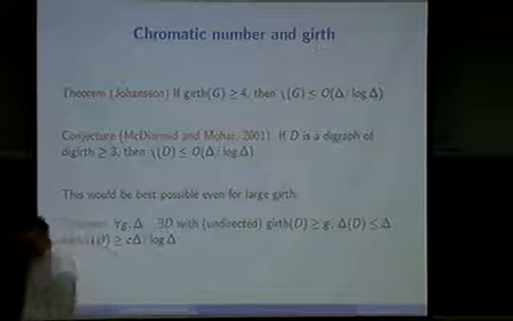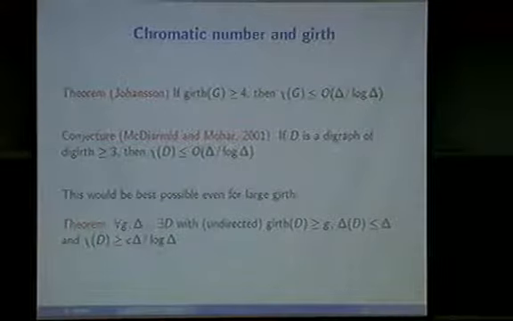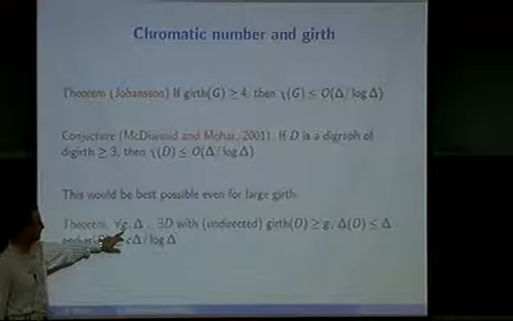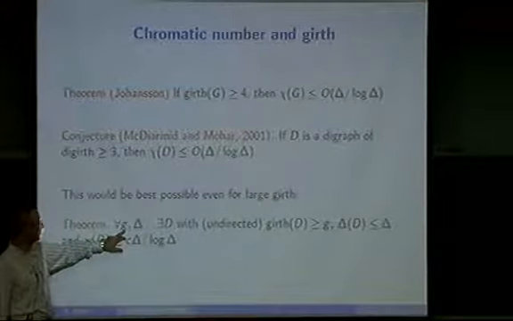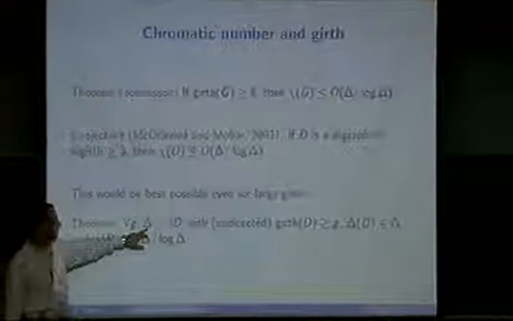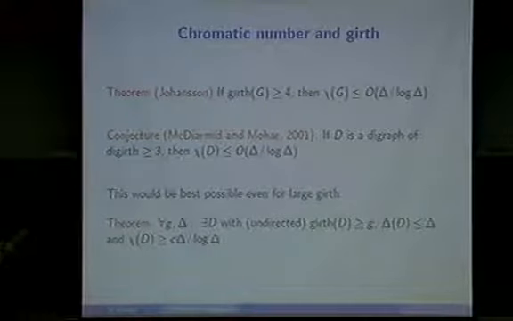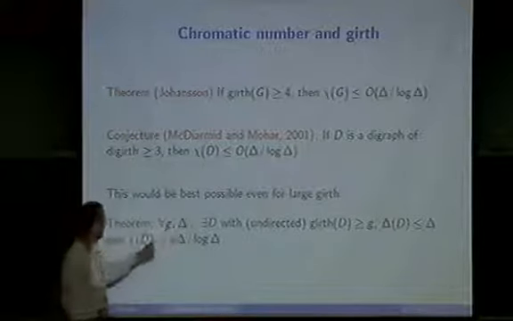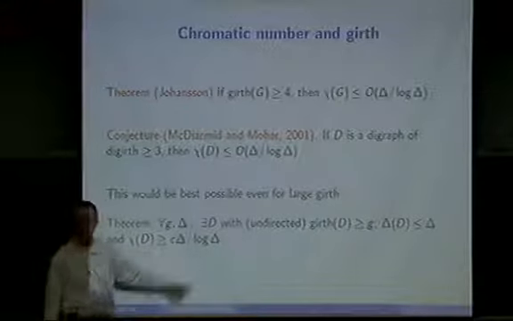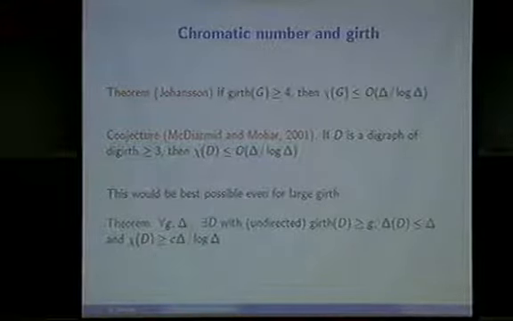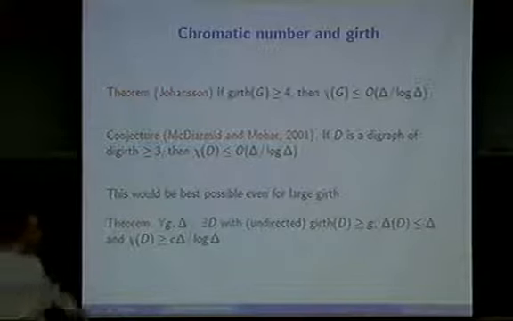There was a result by Bollobás, for undirected graphs, that for every given girth and every degree delta, there exists an undirected graph G which has large girth, bigger than the given one, and maximum degree at most delta, and chromatic number bigger than delta over log delta, up to some constant, which is like 1 over 20 or something.